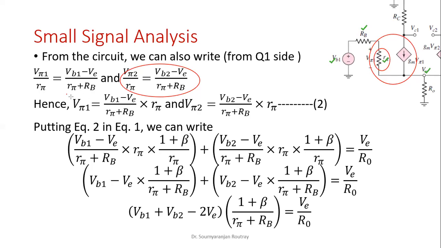You can write this V pi 1 here, and similarly V pi 2, just multiplying R pi to the other side and putting equation 2 in equation 1. Equation 1 is nothing but the base equation or nodal equation.